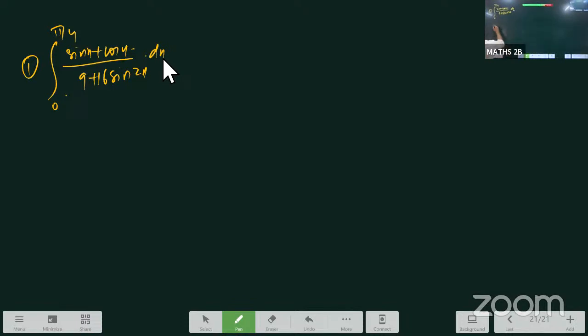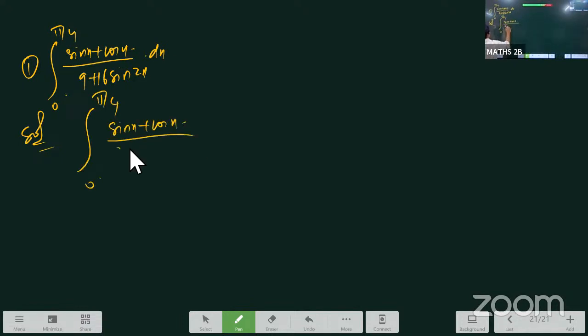Right? See the solution. So 0 to pi by 4, sin x plus cos x by 9 plus 16 sin 2x dx. Now put sin x minus cos x equal to t.